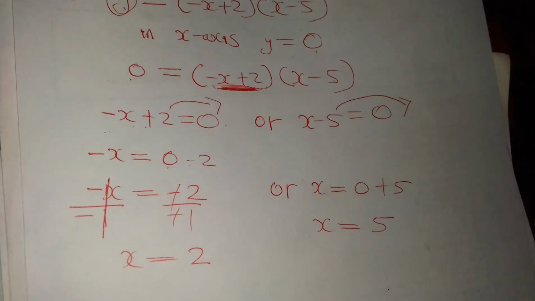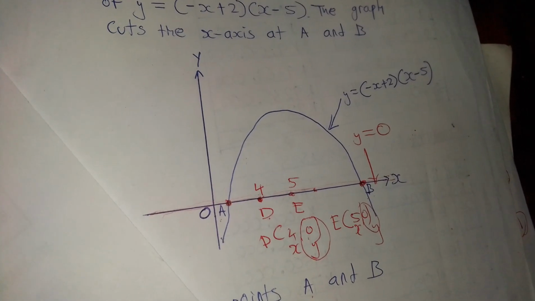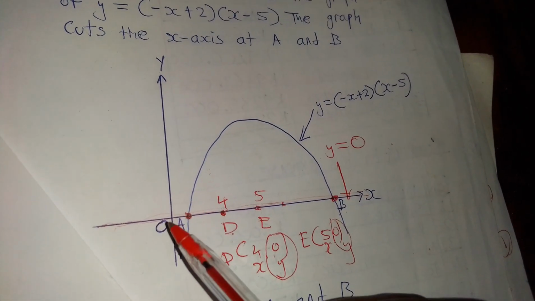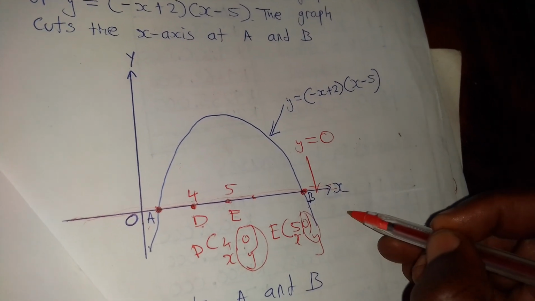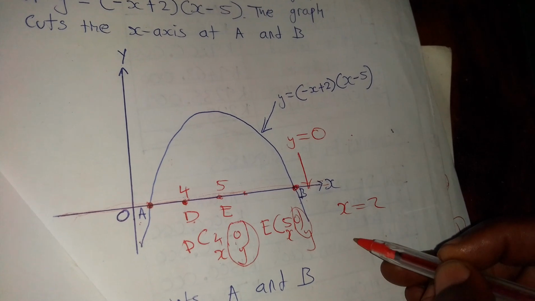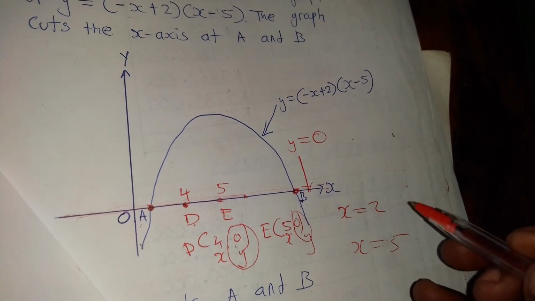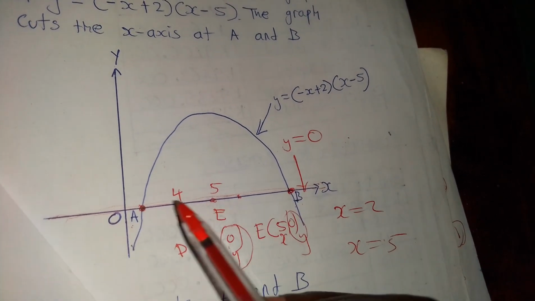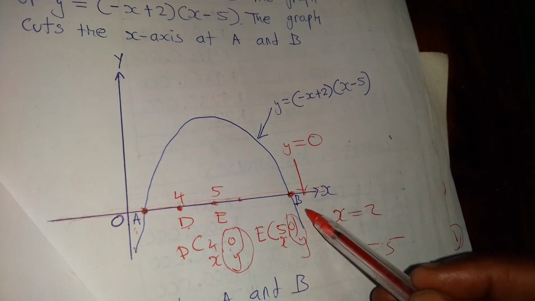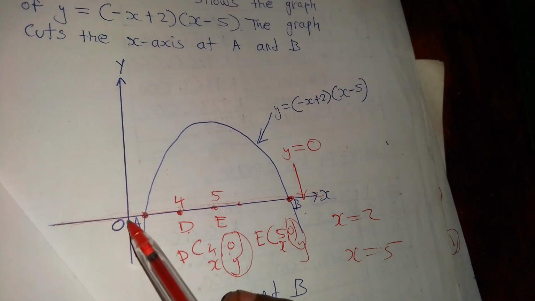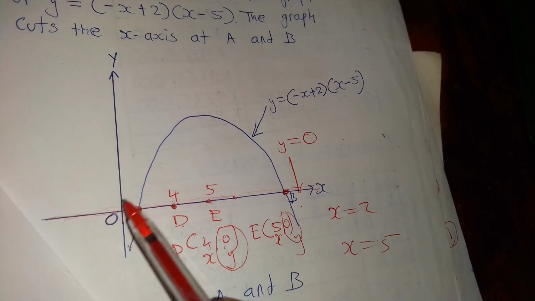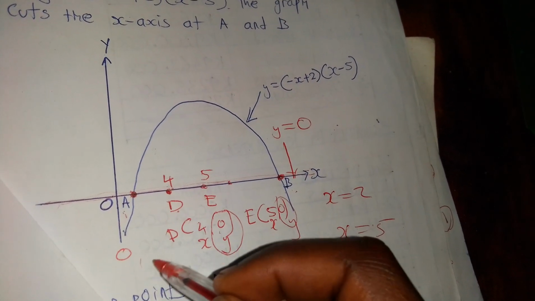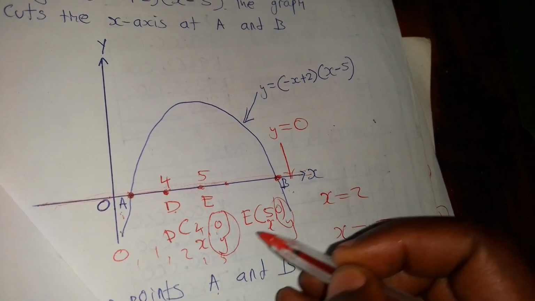So we have to go back to the graph. On the graph, remember, we have found the values x is 2 and another one x is 5. So which one can be 5, between A and B? Now, this is 0. From 0, the numbers will be ascending, meaning increasing: 0, 1, 2, 3, and so on.